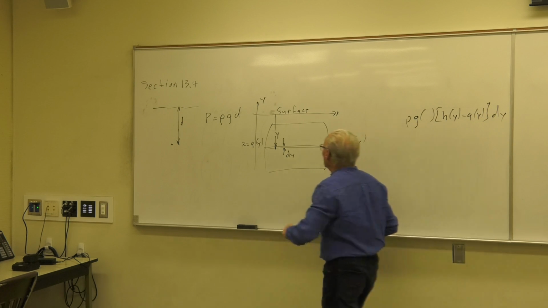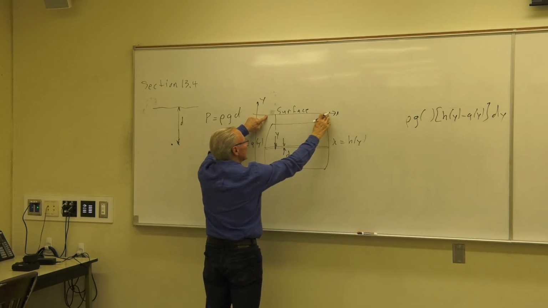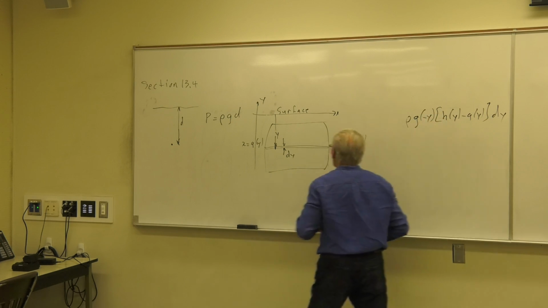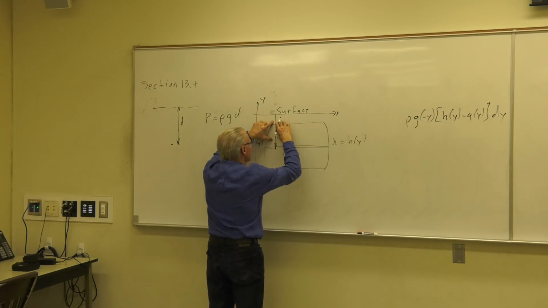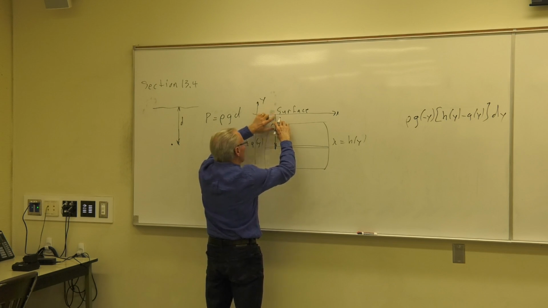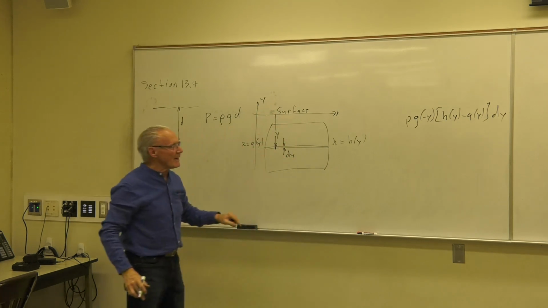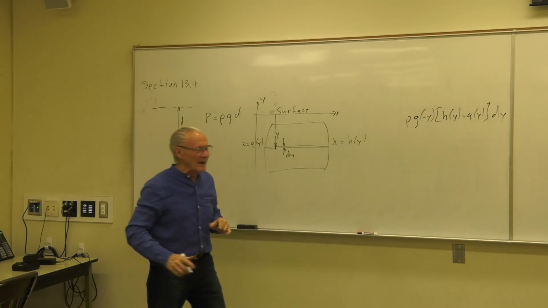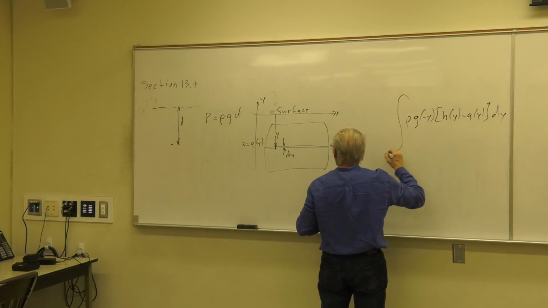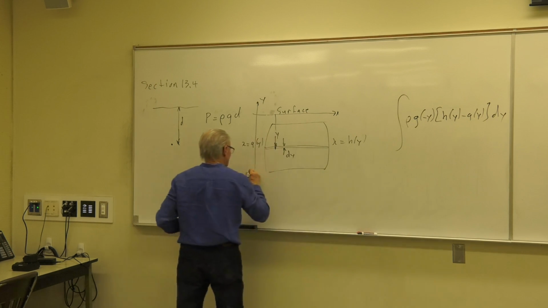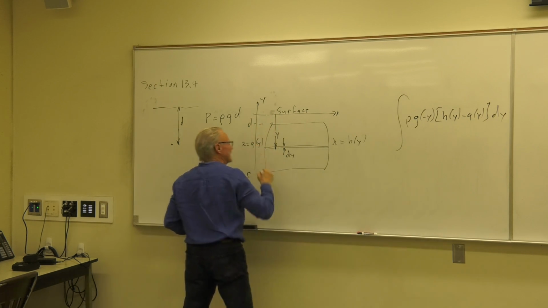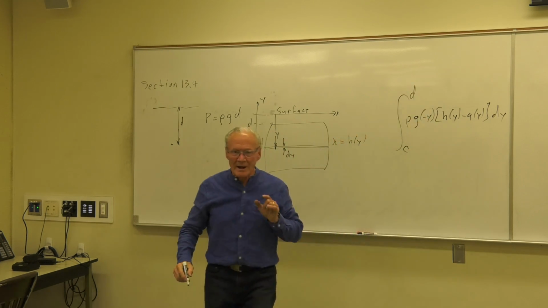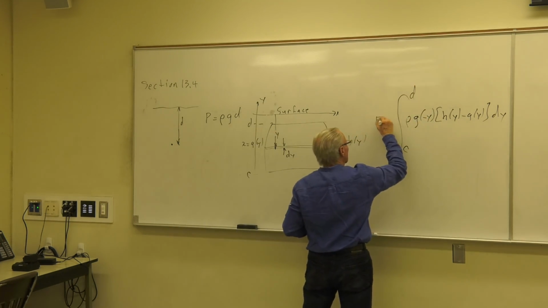And for depth, if that's my x-y system, then the depth is minus y. The rule for length is upper minus lower. That was the force on this long, skinny rectangle. Then you added them all from, say, here, c, up to there, d. That was fine, that was the force on that plate.